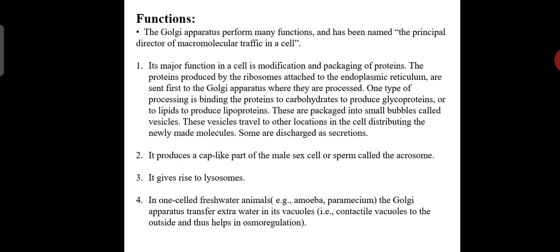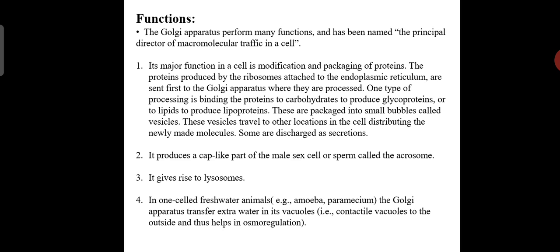Next, functions of the Golgi apparatus. The Golgi apparatus performs many functions and has been named the principal director of macromolecular traffic in a cell. Its major function in a cell is modification and packaging of proteins. The proteins produced by the ribosomes attached to the endoplasmic reticulum are sent first to the Golgi apparatus, where they are processed.